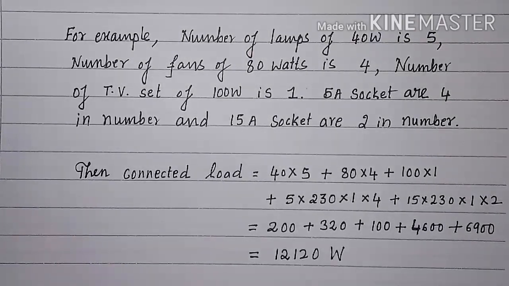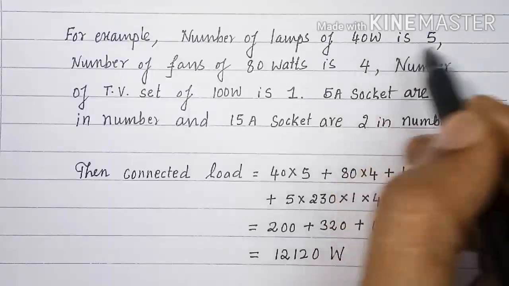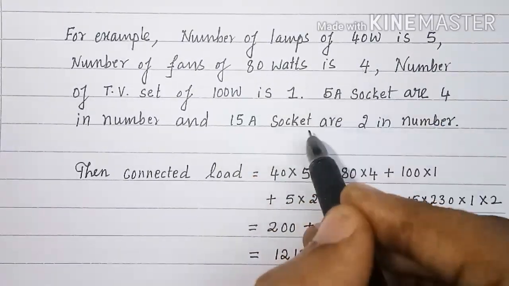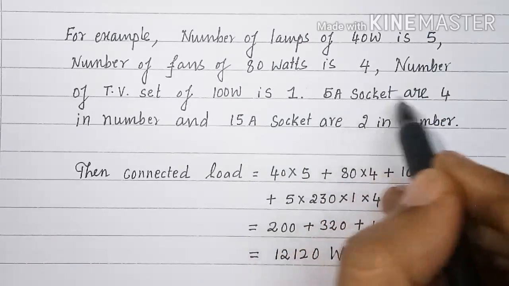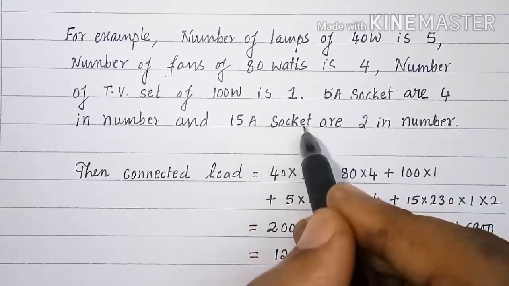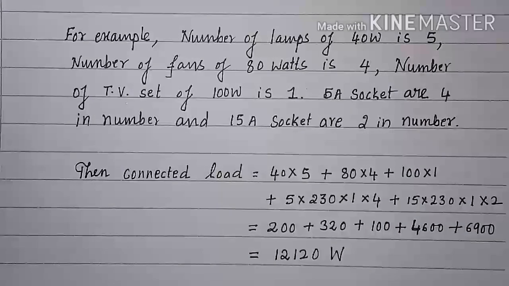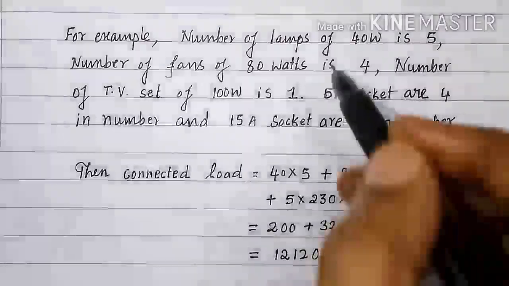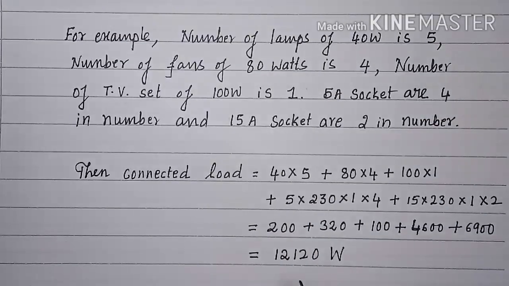That is, the maximum demand will be 40 into 2 plus 80 into 2 plus 5 into 230 into 2 plus 15 into 230 into 1. We'll show that calculation later on. First, we'll write the definition of maximum demand.